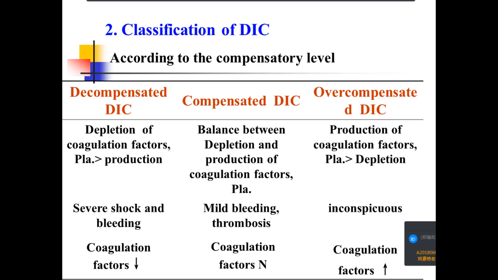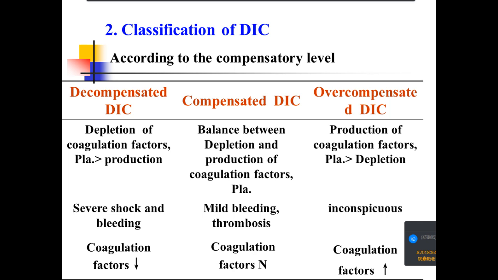Now, which type of DIC can lead to decompensatory DIC? Acute or chronic? Acute DIC. Acute DIC has more consumption and less production, so the patient has shock and bleeding.